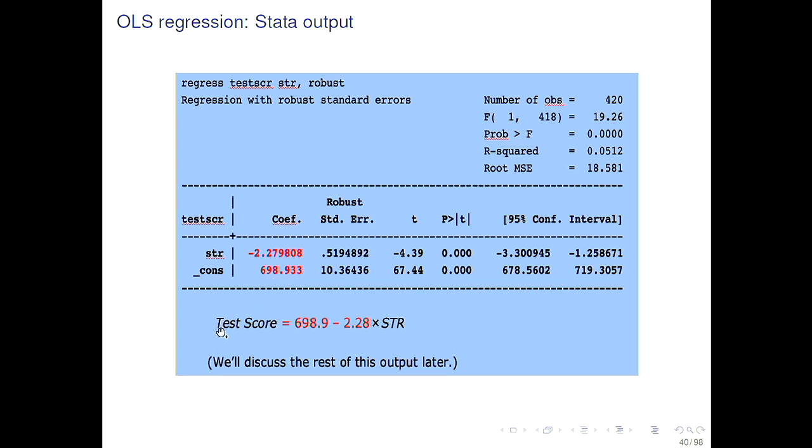So in the equation form, we can rewrite this result in this way. So far, we learned how to read the first column of the Stata outcome, and using this first column, we can rewrite the estimation results in this way. We're going to discuss everything else later.